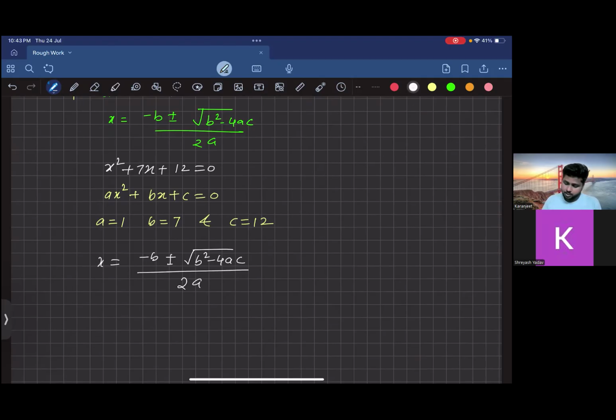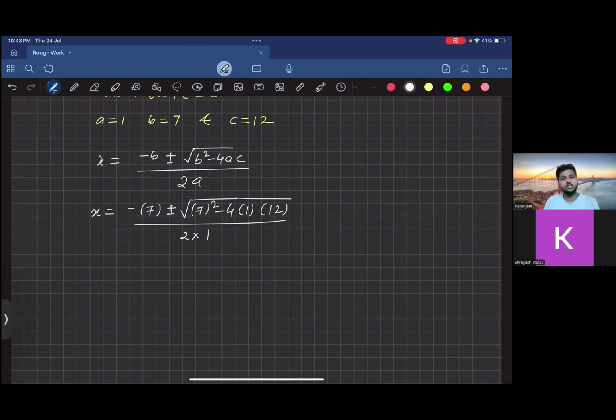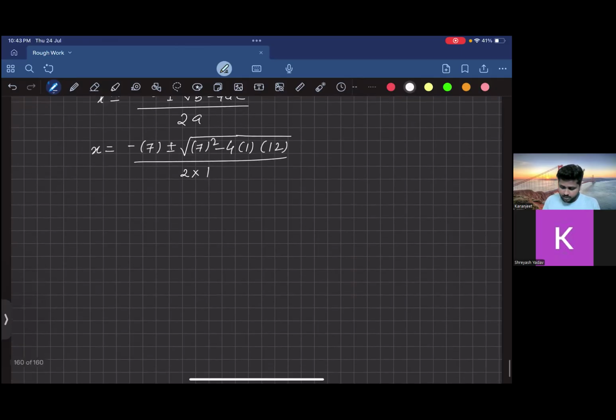Understanding? Now, substitute the values. Instead of b, we'll write here 7 plus or minus under root 7 square minus 4 times 1 into 12. Clear? Divided by 2 into 1. A value is 1. Now just calculate it.